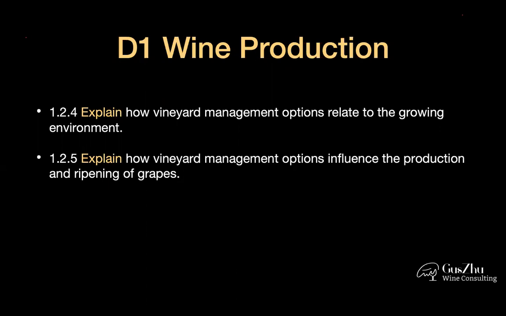What you need to do is to use the information of those certain yields in the typical region in your textbook to explain how those vineyard management options relate to the growing environment and the production and the ripening of the grapes.